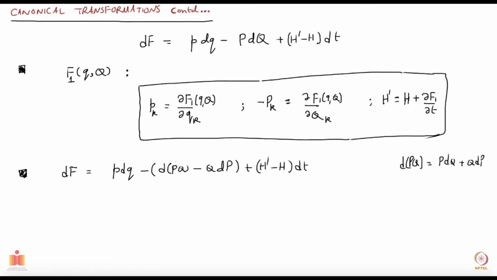Now this total differential term, I can bring to the left and write d of f minus pq.